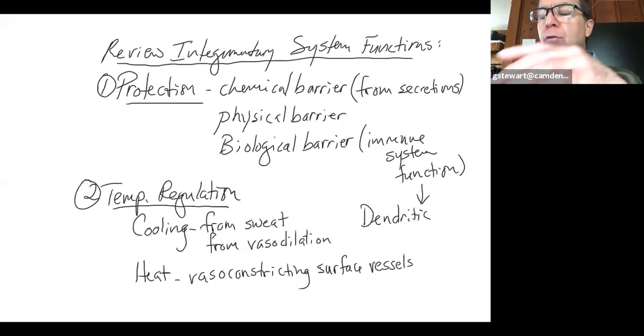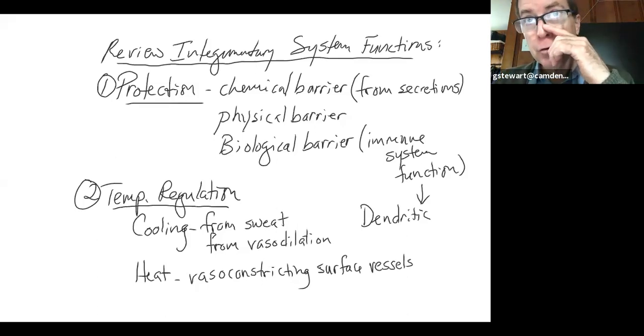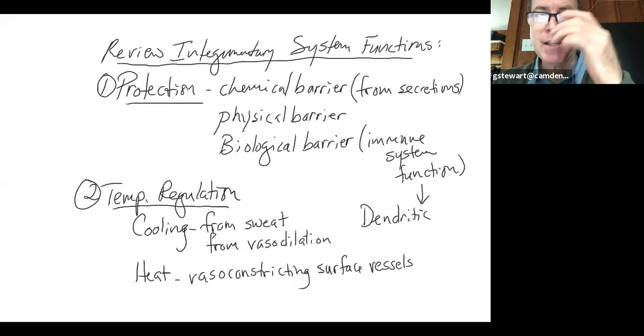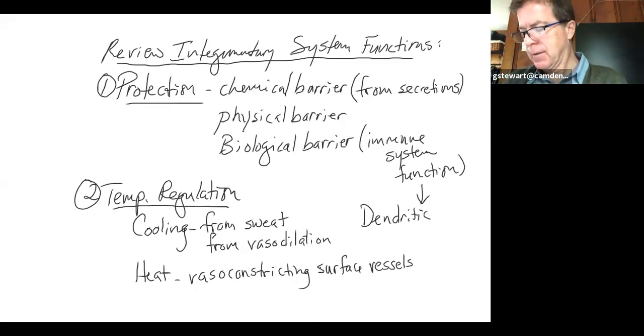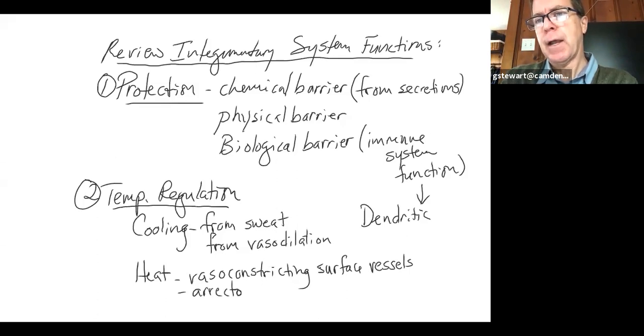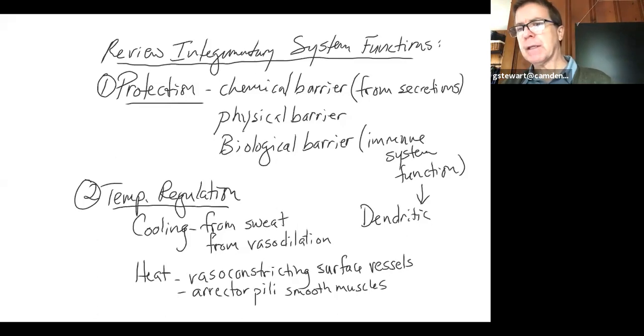So if we restrict the amount of blood flow toward the surface of our skin, that conserves body heat. Also, the erector pili muscles that I just described to you that help hair stand up on end. I'll remind you that these are smooth muscles. We don't have conscious control over them. All right, so that's temperature regulation.